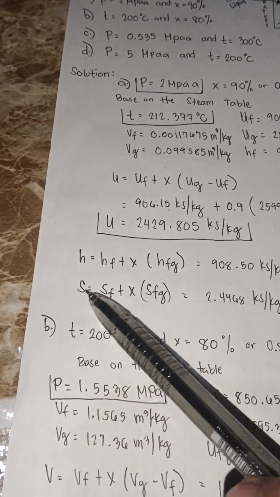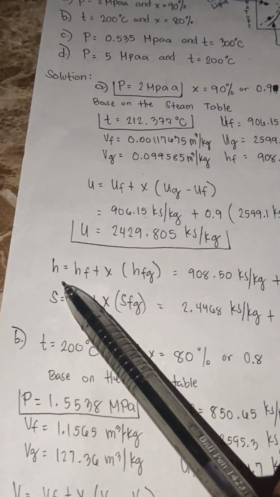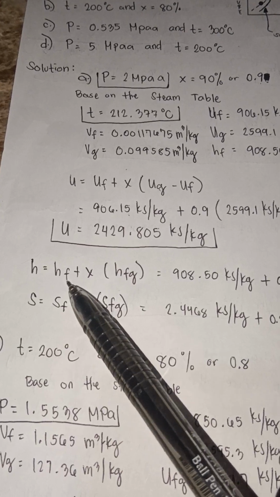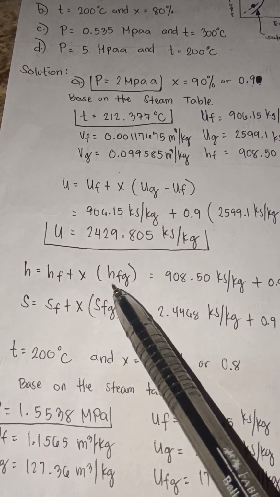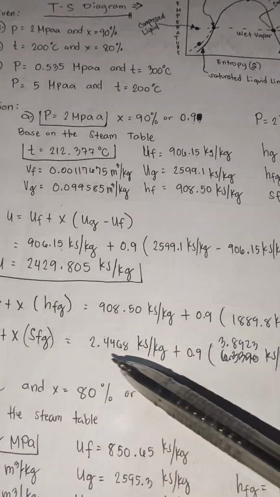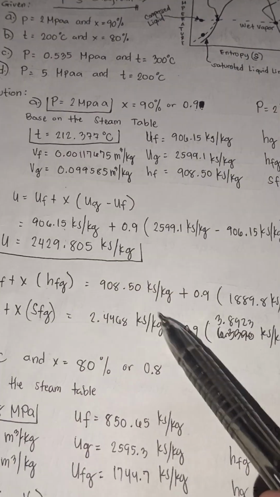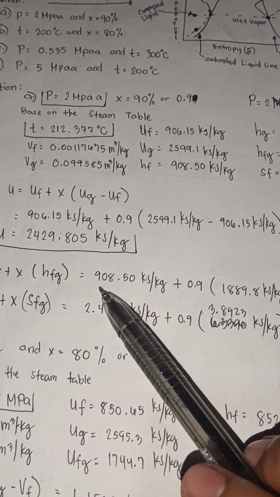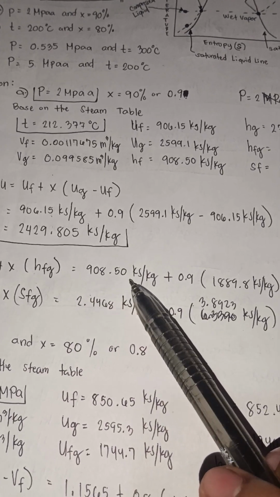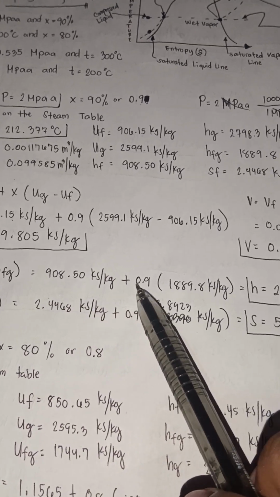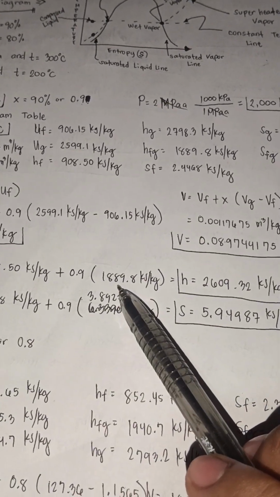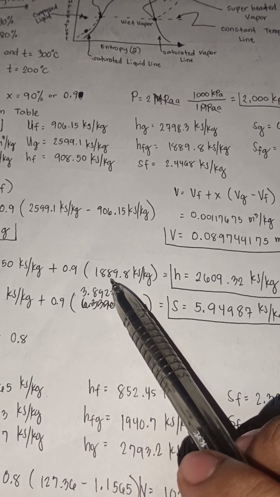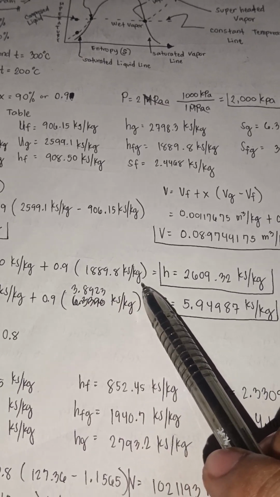So solving for the enthalpy, H is equal to the enthalpy of the saturated liquid plus the X, parenthesis, HFG. Substitute the given values: 908.50 kilojoules per kilogram plus 0.9, parenthesis, 1889.8 kilojoules per kilogram.